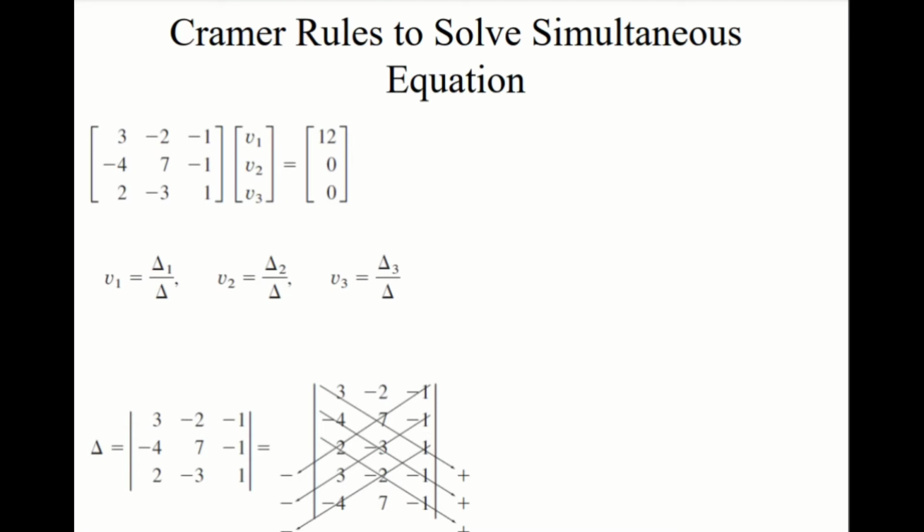Another thing that you need to know is how to use Cramer's rule to solve multiple simultaneous equations. We can use Cramer's rule manually, or you can use a calculator, no problem. If you're using a calculator, you have to use a scientific calculator. If you press mode a few times, you will see EQN on the calculator screen, and choose EQN.